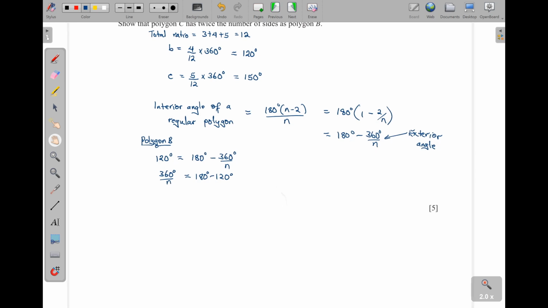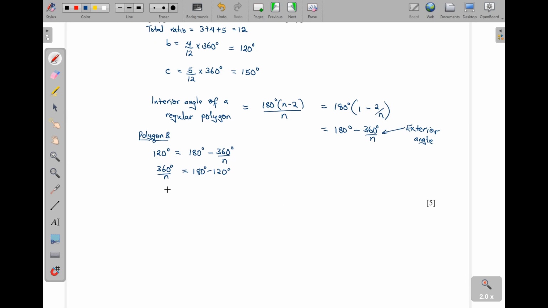In other words, I'm getting the exterior angle here. So this will be 60 degrees, then times n. Of course, now n will be 360 divided by 60. Of course, this zero will cancel, and then 36 divided by 6 gives you 6.